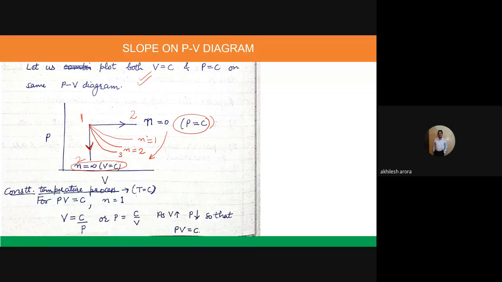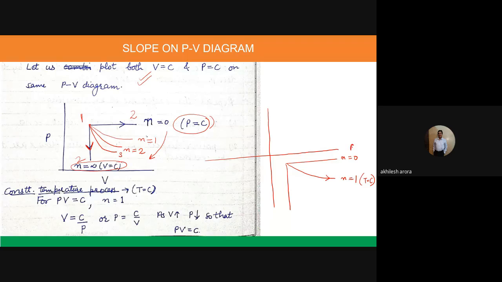So if I plot it here, I can say that this is n equal to 0, here n equal to 1, which is for temperature equal to constant.